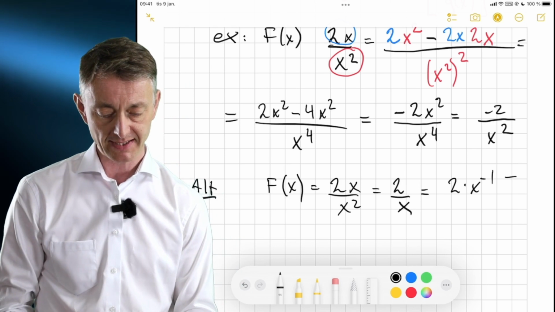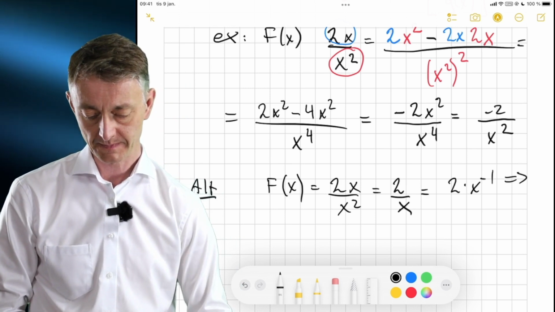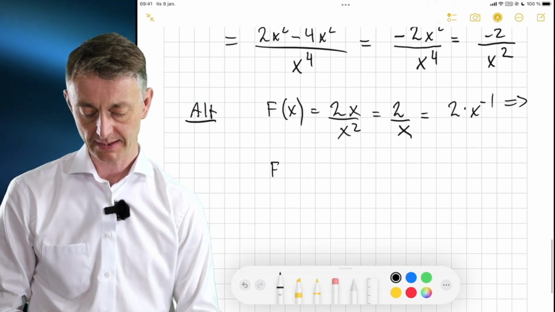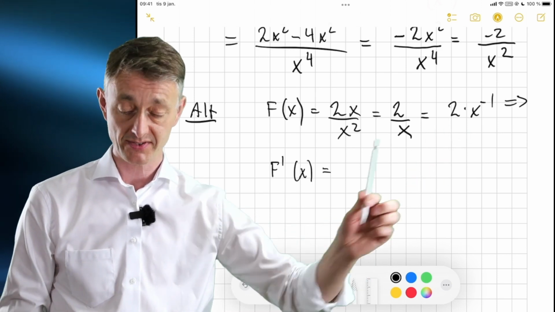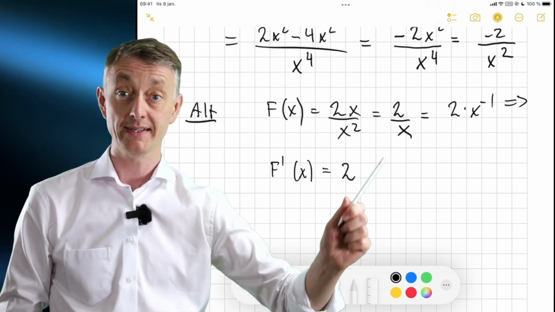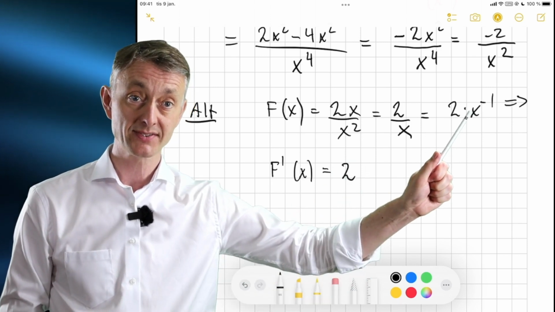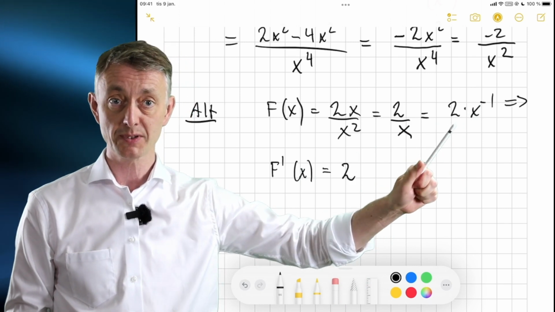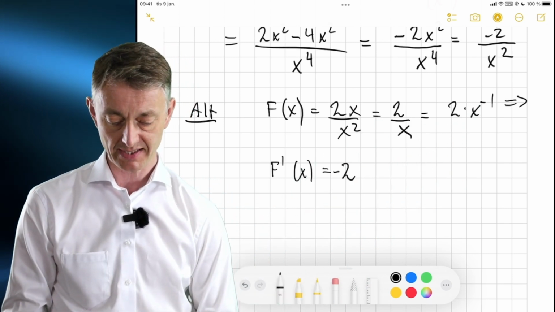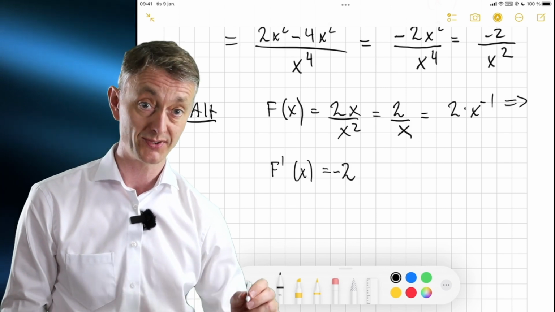So that implies that f prime of x, so this is a constant, so it remains, and then we apply the power rule, so x to the power of minus 1, right? So the minus 1 pops down, so there's a minus sign here. Minus 1 times 2 is minus 2.